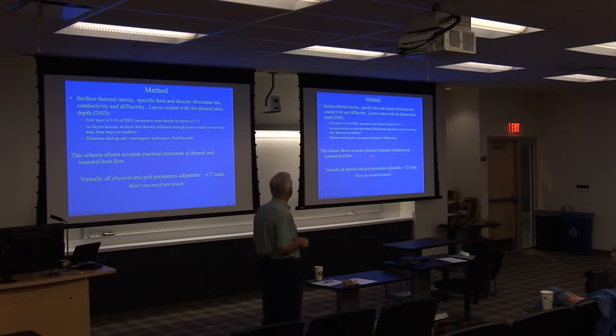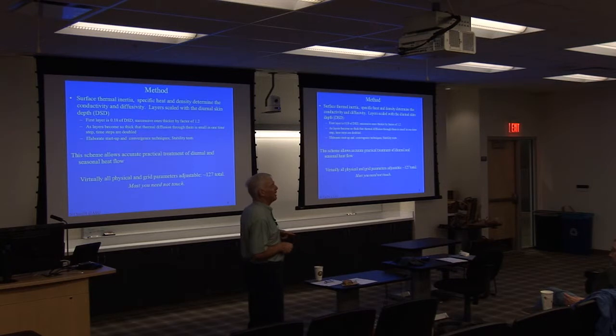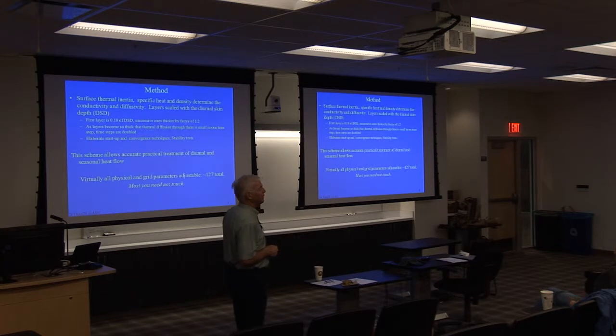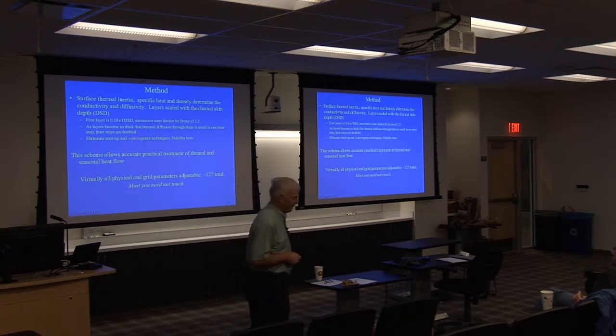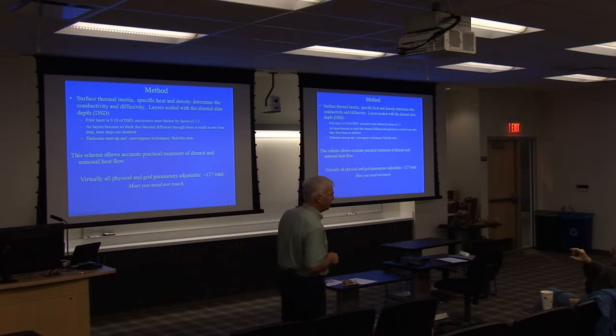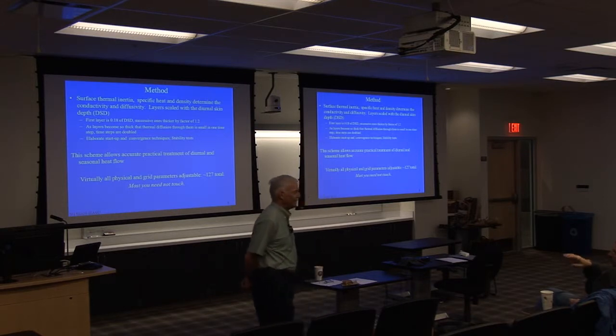The reason this scheme allows practical treatment for both the diurnal and the seasonal heat flow, which have timescales differing by a factor of 680. I think it's well beyond the discussion here, but the thickness of the first layer, I mean, if people really wanted to start looking at what if I had a millimeter of dust sitting on a rock, what is that doing?